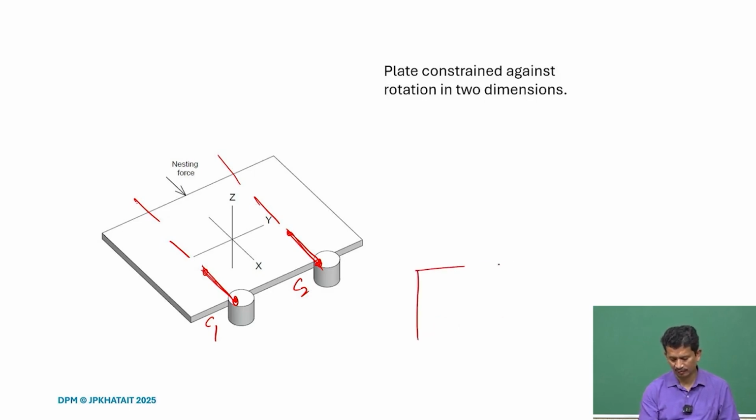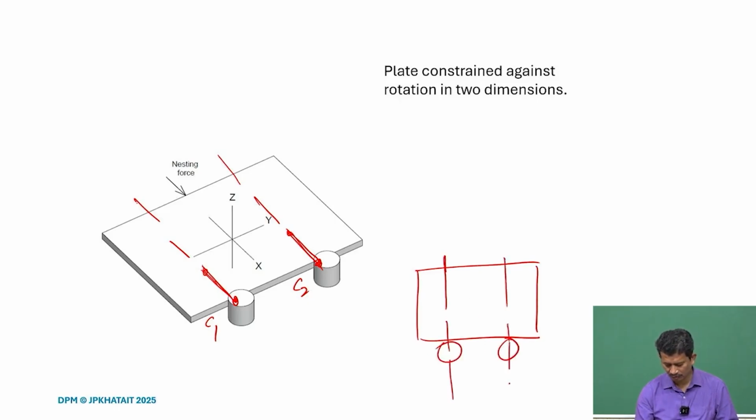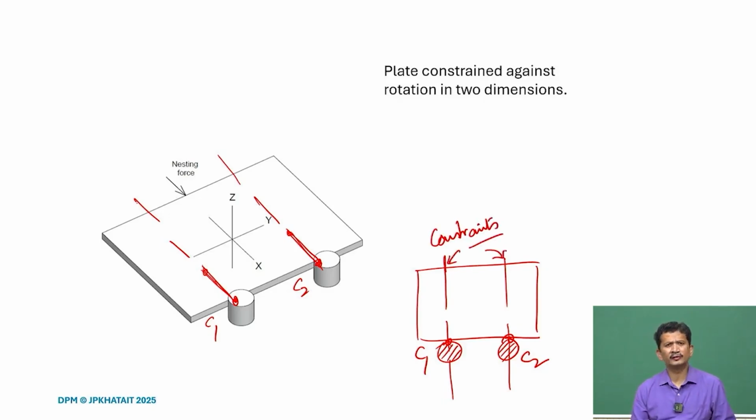If we just look at this object and then we try to create these 2 posts, C1 and C2 here, these are 2 constraints. So, what will happen in this case? Both the constraints are in the x direction. What will be the resultant effect?